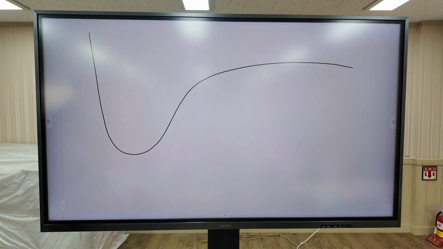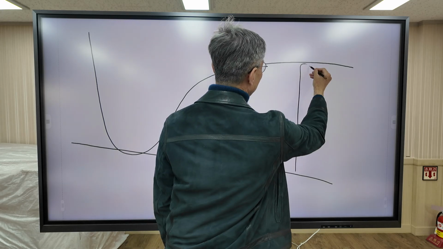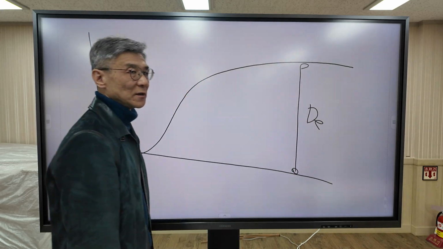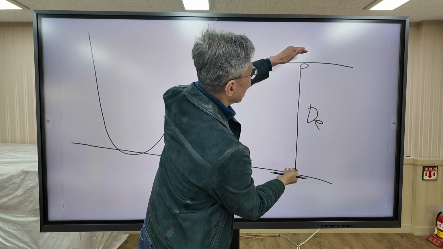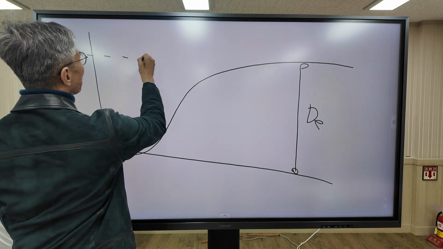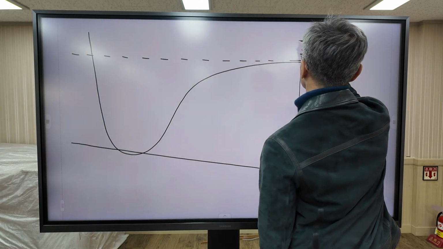With this model, we can define the bond dissociation energy as the distance from the bottom to the flat tail. This is defined as the bond dissociation energy. I will explain why this can be defined as the bond dissociation energy. And this line is the dissociation.